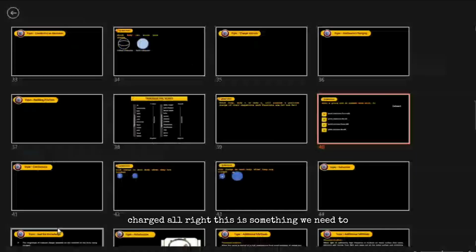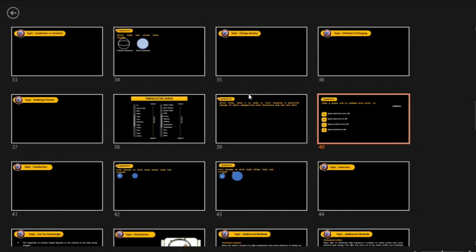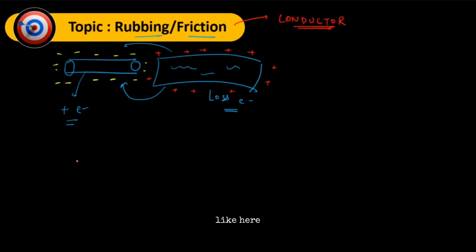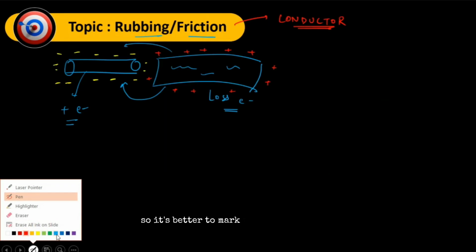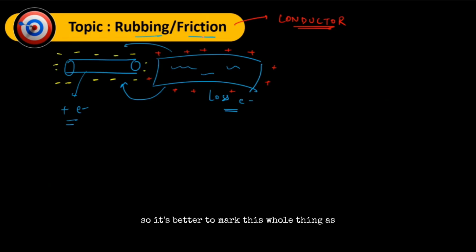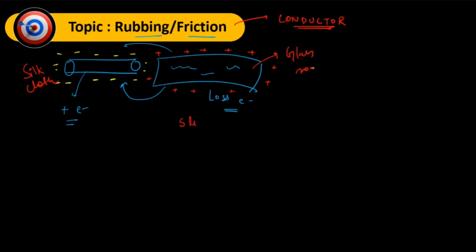All right, this is something we need to define again. It's better to mark this whole thing as silk. Let us mark this as silk cloth, and it has a glass rod. Now this is important.